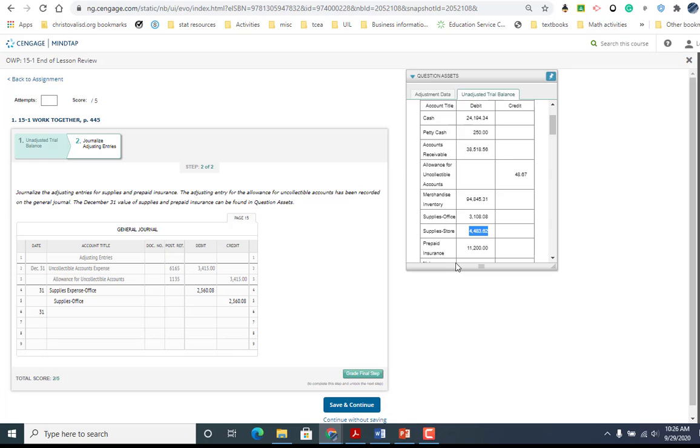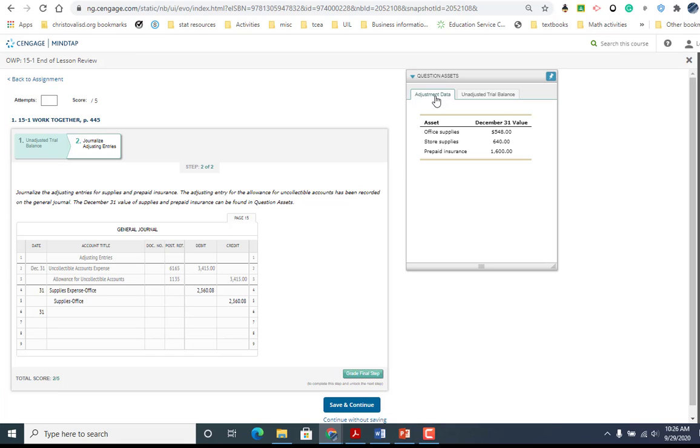So we need to take this number, $4,483.62, minus 640, and we come up with $3,843.62. And so we are taking care of our store supplies.